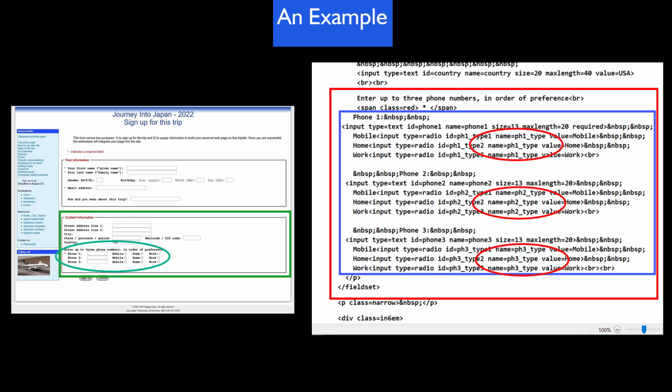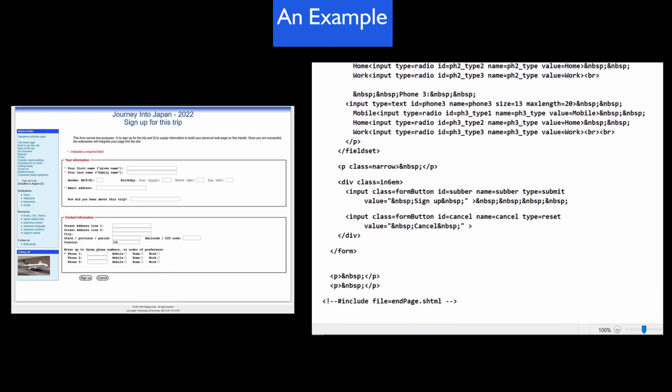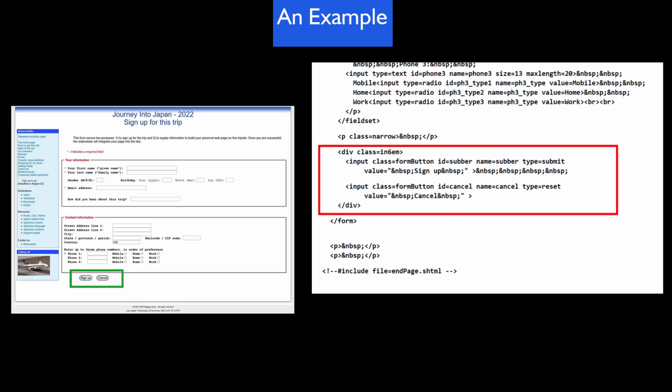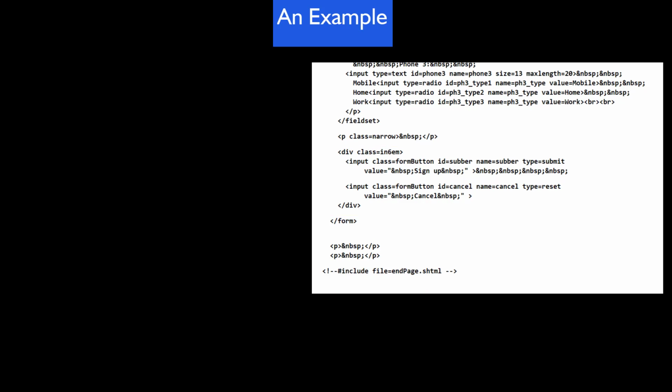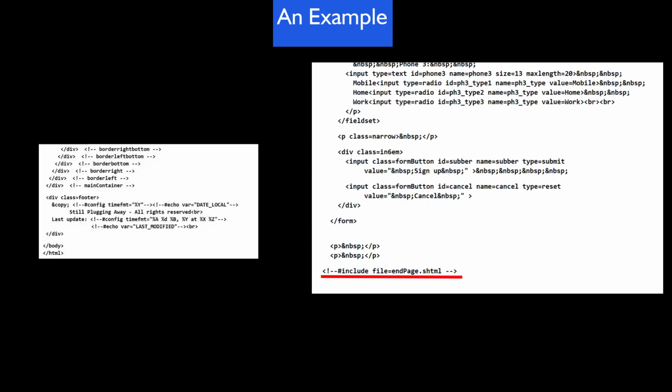So these are radio buttons. Only one of them can be selected. And then that's the end of that field set. And there's our submit button and our reset button. And then at the end, our include for the file endpage.shtml, which looks like this.